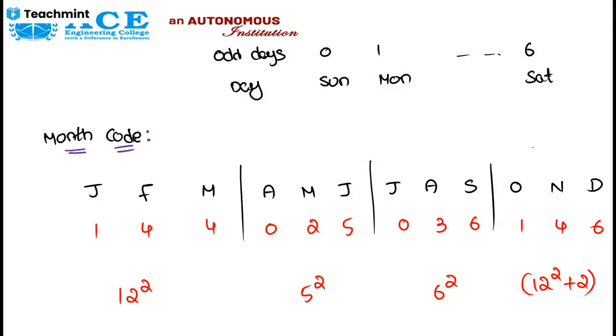Now let's see the century code. Century, we know, is 100 years. For 100 years, it's only one code. Here, one small adjustment we have to do. Let me first give the century code.